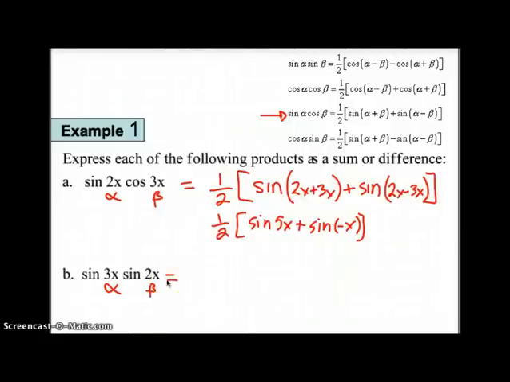Now we're going to use the first formula up here in order to solve this one. Oh, hold on, sorry. We're going to get 1/2 the bracket of the cosine of alpha minus beta, so 3x minus 2x, minus the cosine of 3x plus 2x.